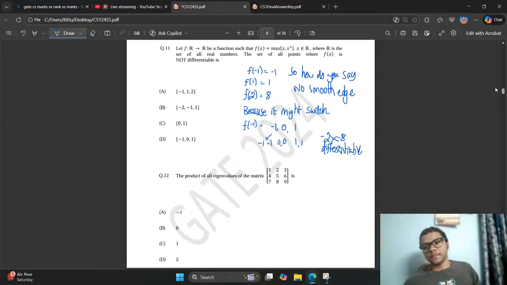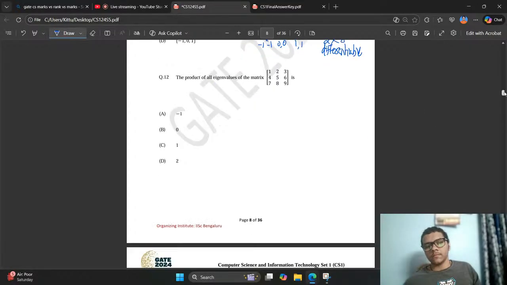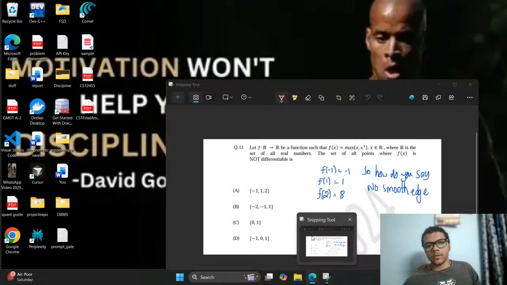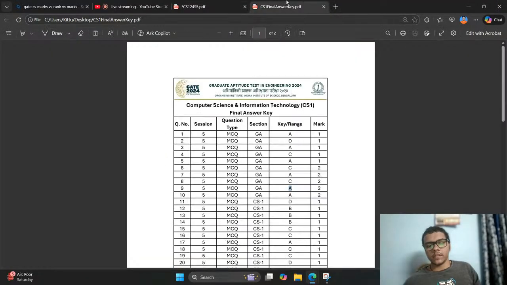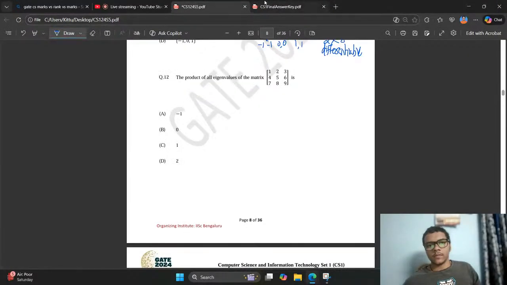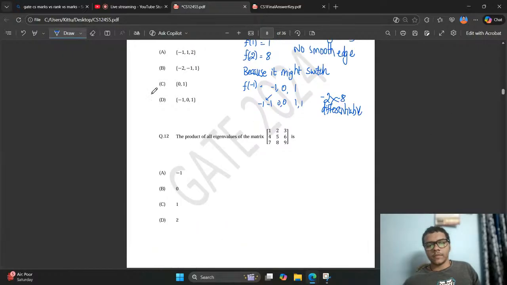Okay. The product of all eigenvalues of the matrix. So 11 is, what's the answer?